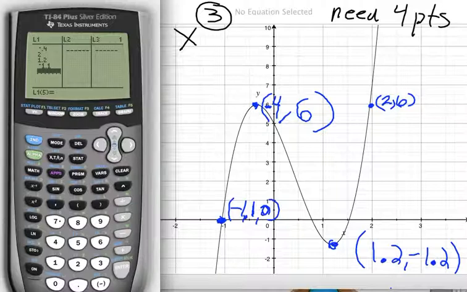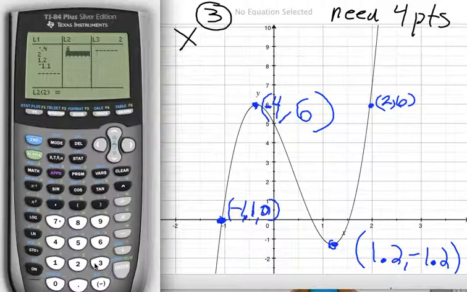The most important thing is the y value needs to match the x value. So for negative 0.4, that'd be 6. And then for 2, that would be 6. We can fix this. There we go.